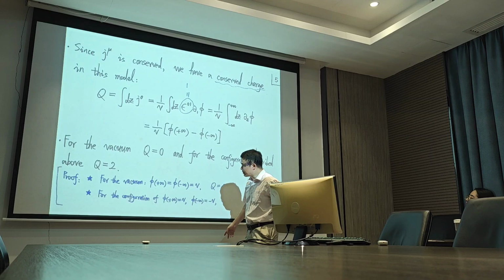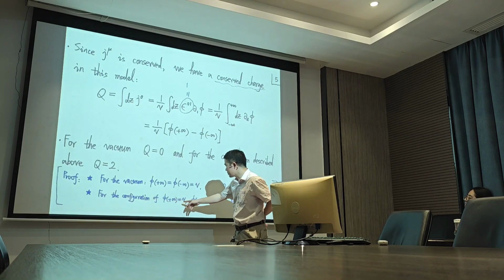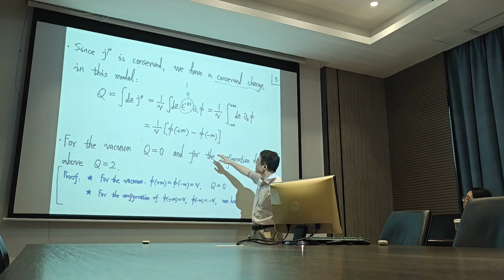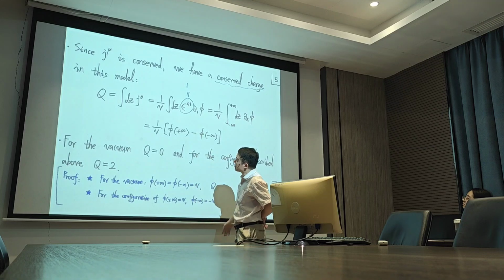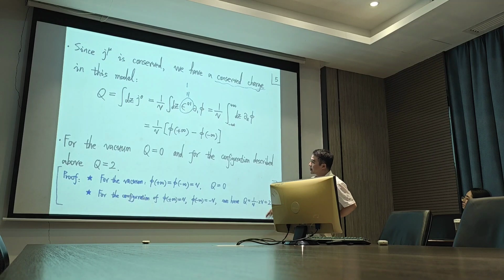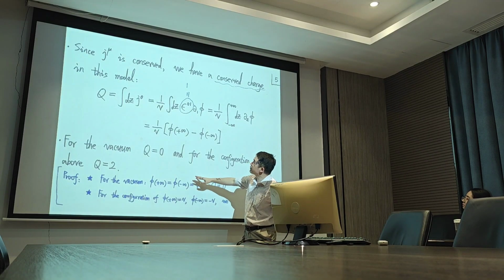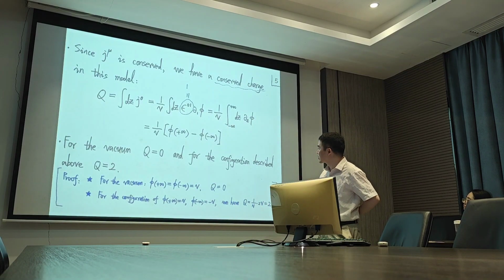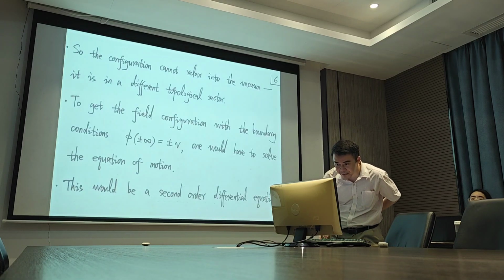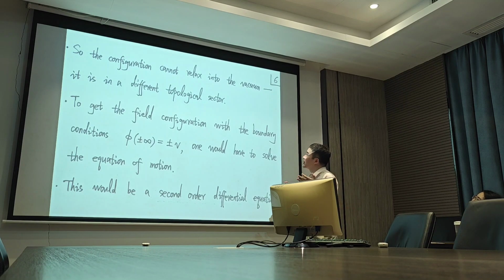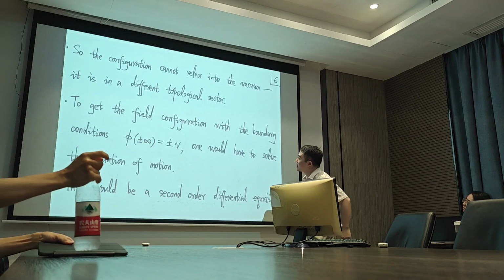But for the configuration we consider, at this point phi equals v and at this point phi equals minus v, so it's not zero. Their difference is 2v, so the charge is 2. So these two configurations have different charges, and they cannot transform into each other continuously. The configuration cannot relax into the vacuum because they are in different topological sectors.